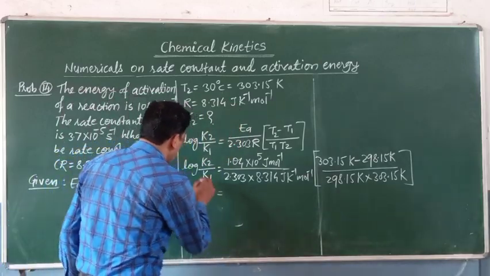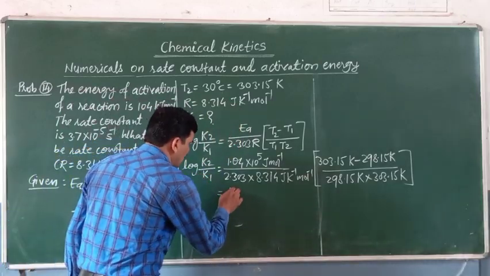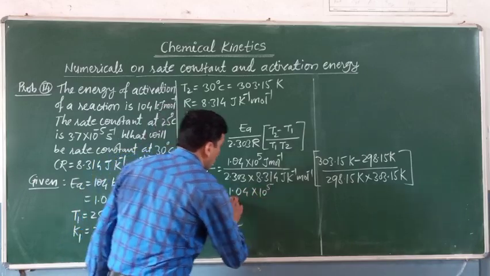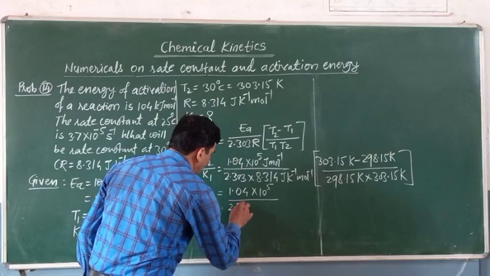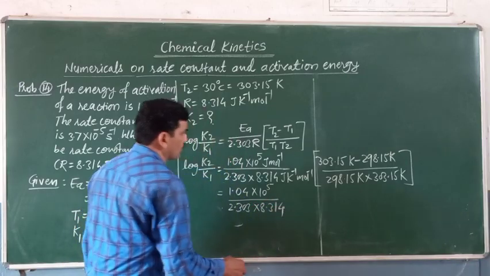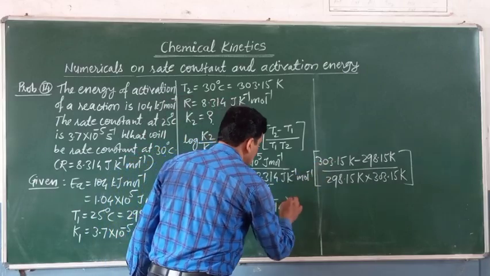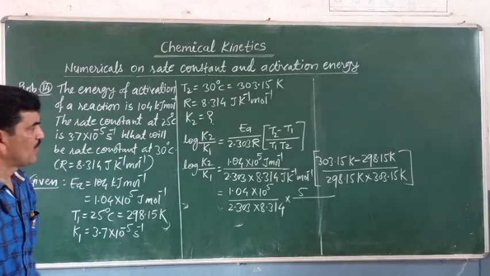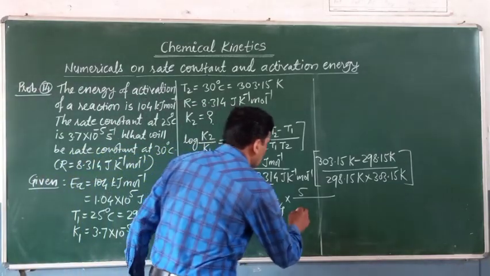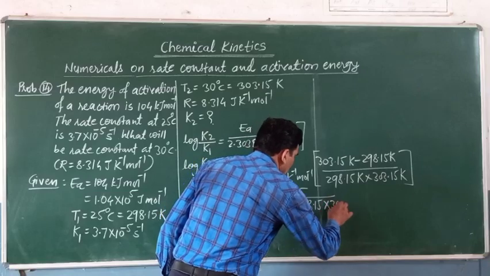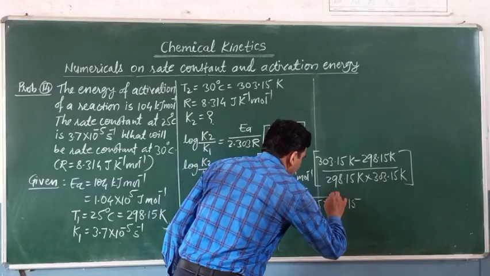So here log of K2 by K1 equal to 1.04 into 10 raised to the power 5 upon 2.303 into 8.314, and here the difference is 303.15 minus 298.15, upon 298.15 into 303.15.